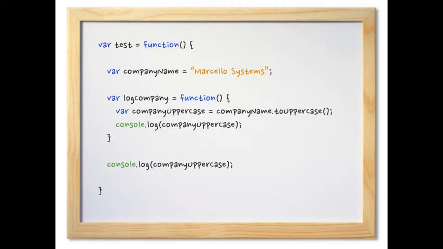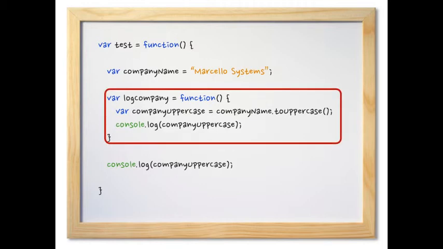If we look at the scope as a table, we can see how scope chains work. A scope chain is when you create a new scope inside another one, or in other words, a function inside a function. In this example, you see that we have first created a new variable called companyName, which contains a string. We have also declared a variable logCompany, which has a function in it.